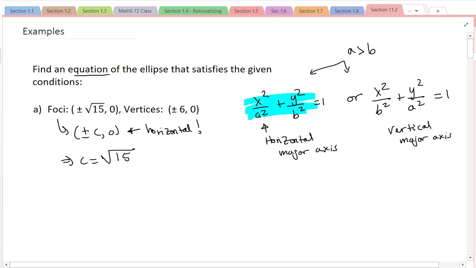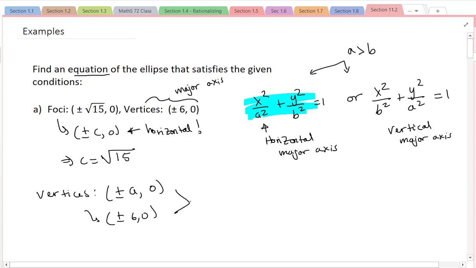And now you also know the vertices. So the vertices are always given for the major axis. So this gives us the a, and we already know that this is under the x. So the vertices are plus or minus a, 0, and we're given that this is plus or minus 6, 0.